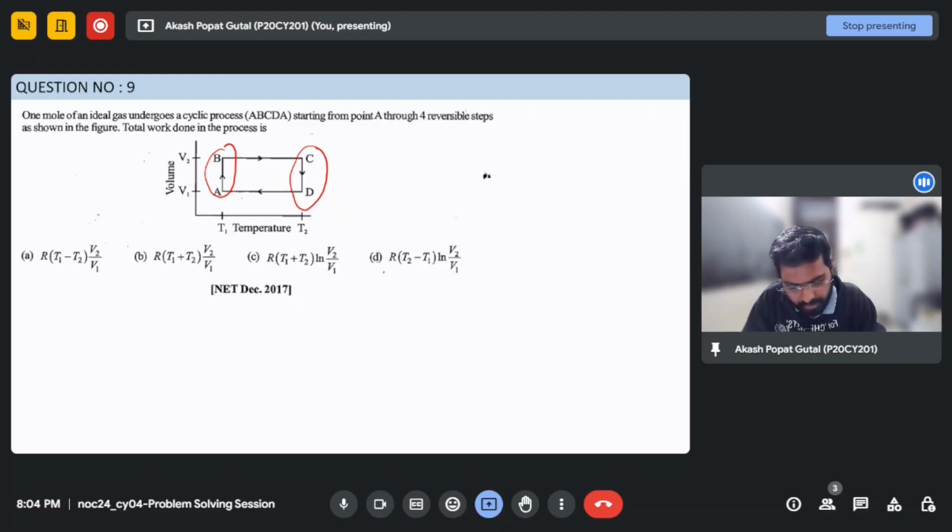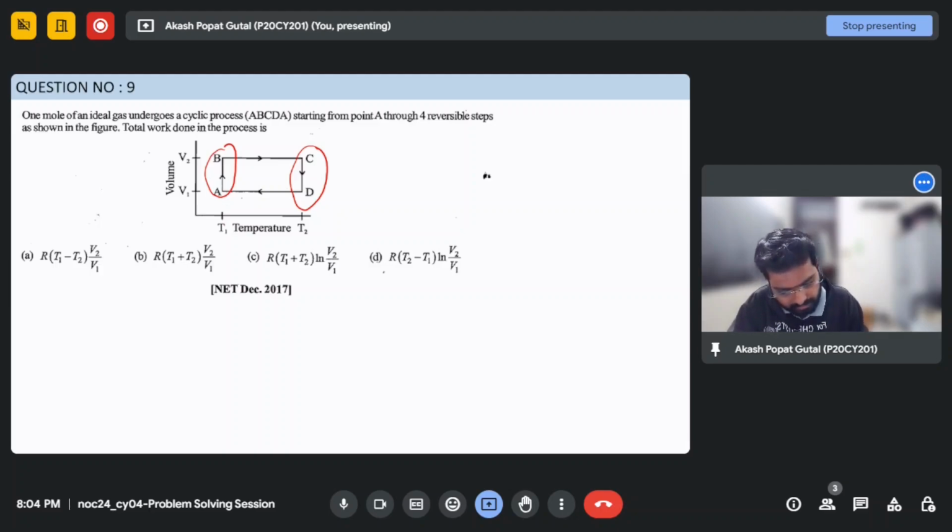So you must immediately understand that you only need to calculate the work for A to B and C to D, and add them. Here it is work done by the system, and here work done on the system. Remember the temperature at A to B is T1 and at C to D is T2.